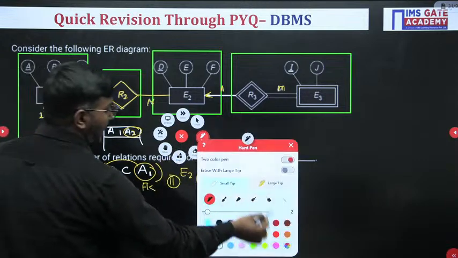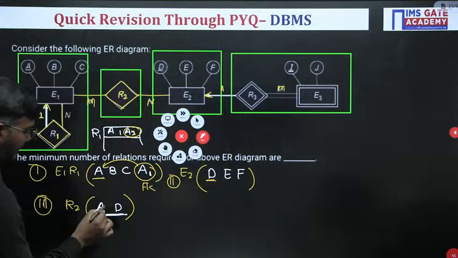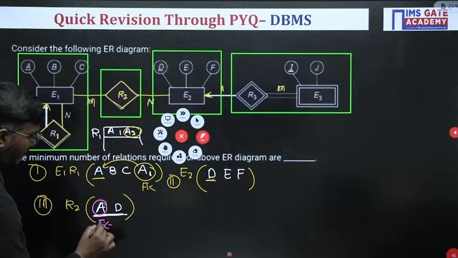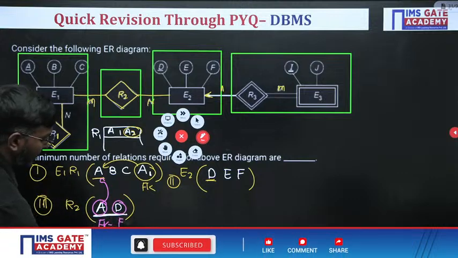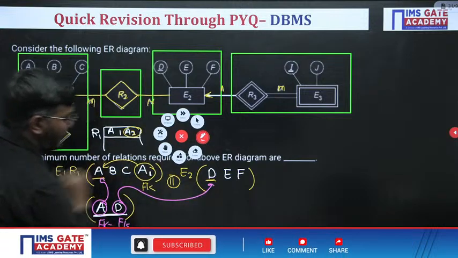Now the foreign keys: A is a foreign key referring to A in the table of E1 R1, and D is a foreign key referring to D in E2. Done.